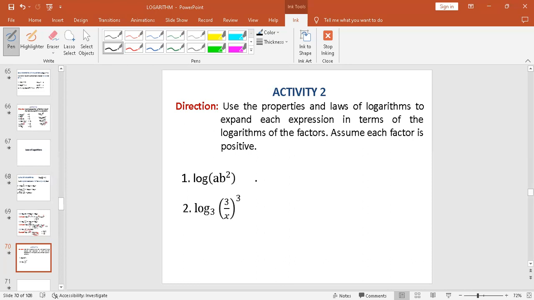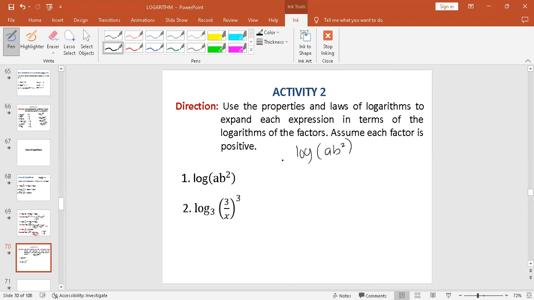Okay, pag sinabing expand, kumbaga, kailangan nating i-apply yung laws of logarithms. Okay? So, looking at the given, log of AB raised to 2.